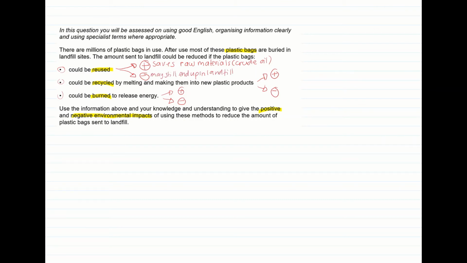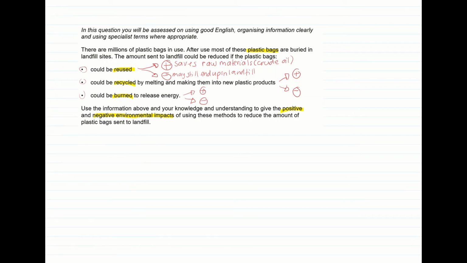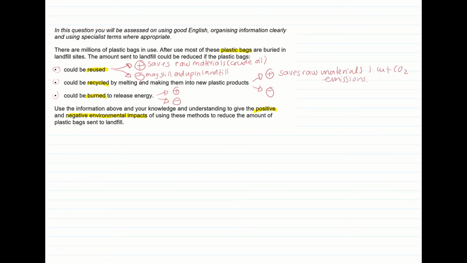Right, so for recycling then, a positive thing of recycling is that it can be turned into new things. So it will save, again, the raw material, and it will cut down on the CO2 emissions from extracting the raw materials. However, just like with anything else, even recycling has got its negatives.